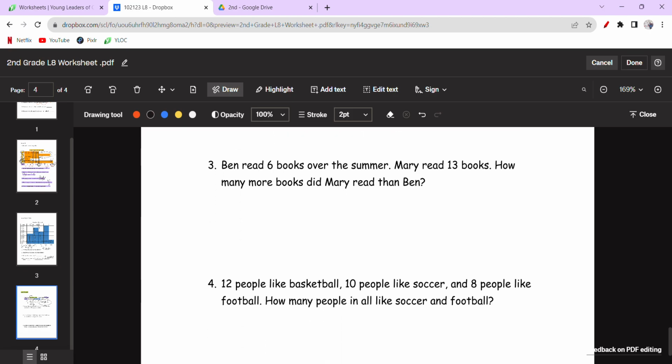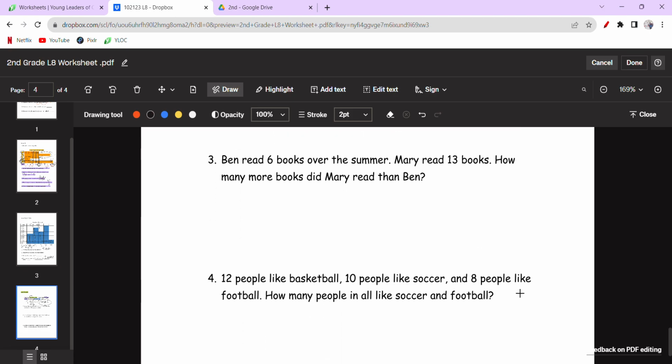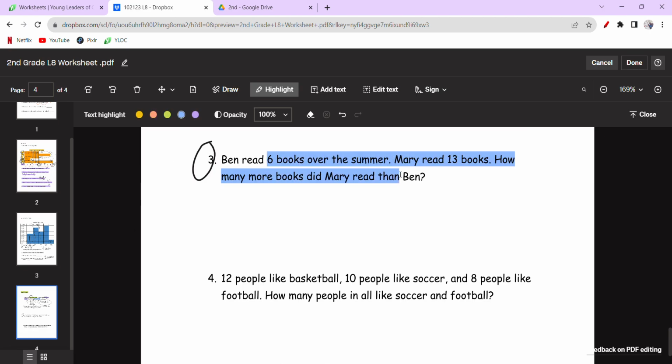And then we can try out number 3. Let's get our highlighter. Ben reads 6 books over the summer, and then Mary reads 13. How many more books did Mary read than Ben? This symbolizes that they want us to subtract the 2 numbers to find out how many more. So we are going to use subtraction. You can tell that Mary has more than Ben.